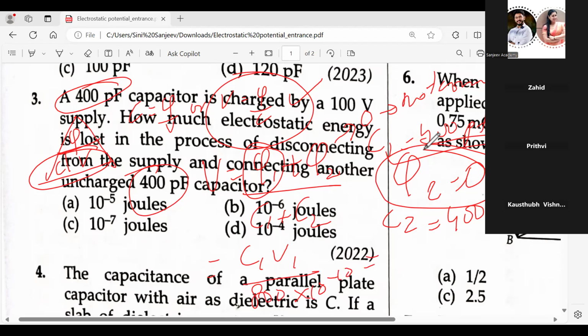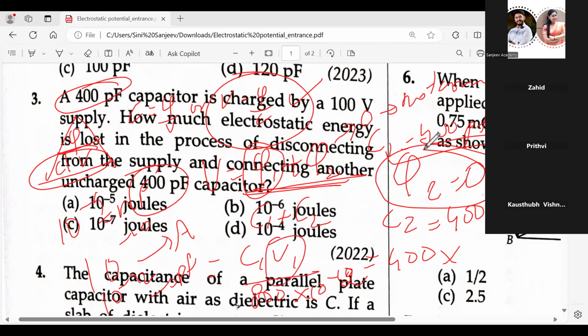C1 is 400 picofarad, 10 power minus 12. 10 power minus 12 is picofarad, and 10 power minus 9 is nanofarad. Picofarad is 10 power minus 12, not 10 power minus 10. 10 power minus 10 is Angstrom.